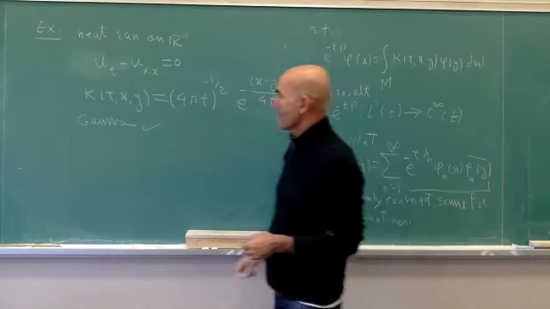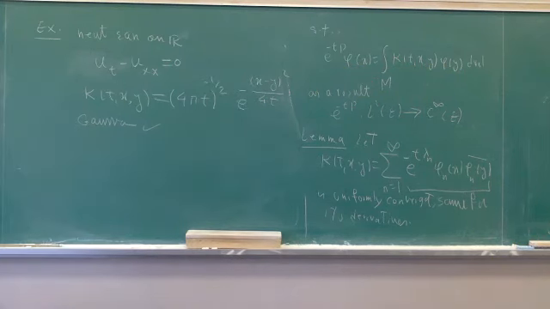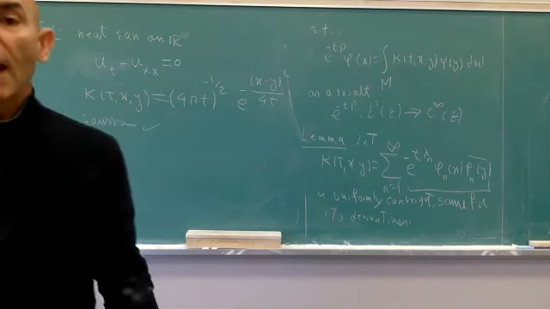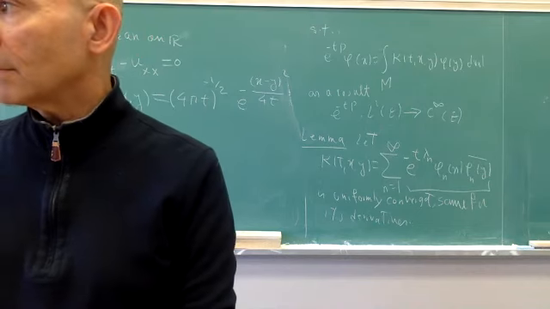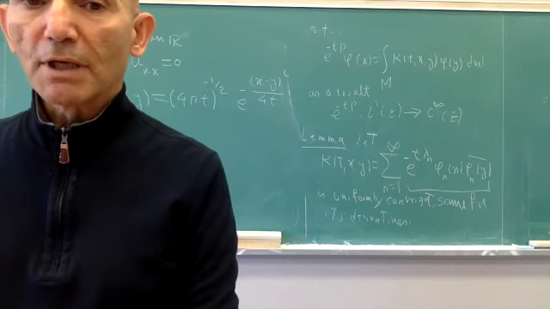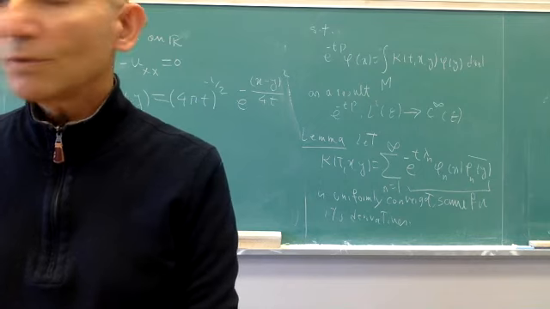Now, when I say this is the kernel, what do I mean, really? What do we mean to say that this is the kernel? Jeremy's complaint is quite valid in this case, because I don't have an orthonormal basis. There's no discrete basis.